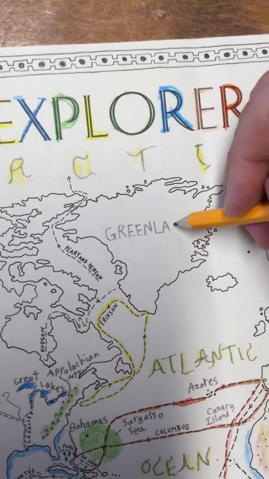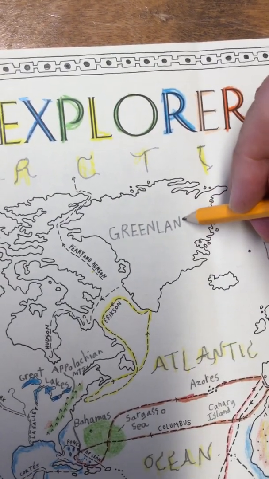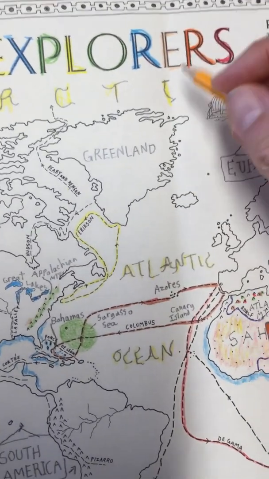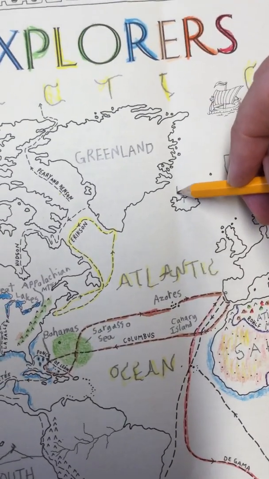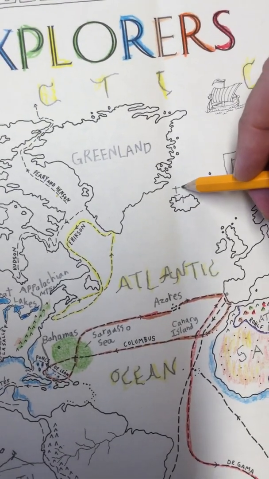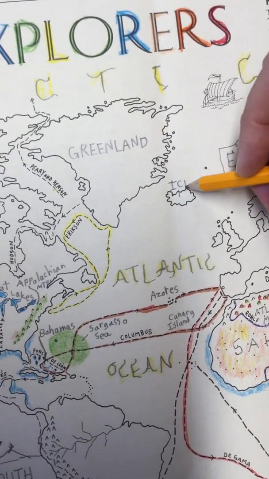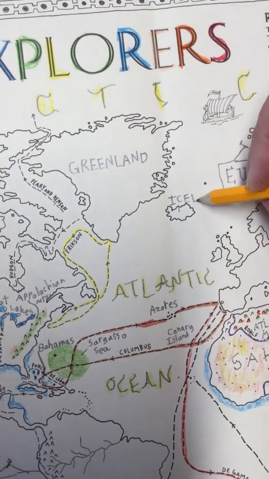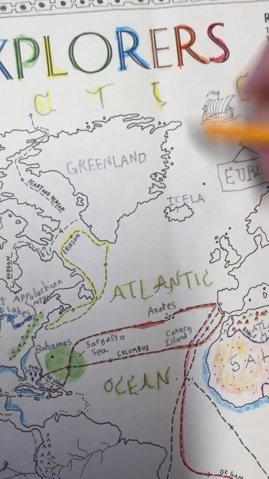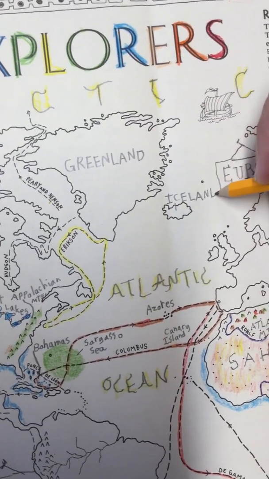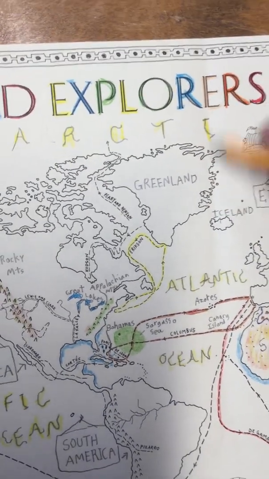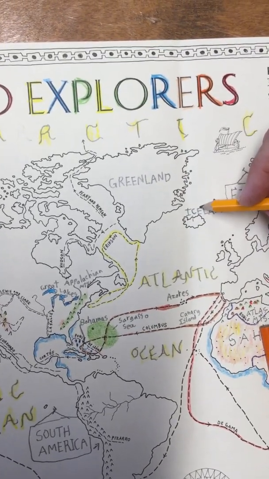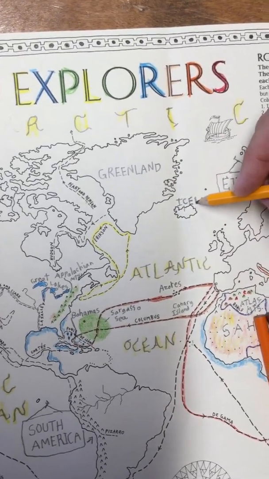Now, if you talk about Greenland, it's kind of fun to also talk about Iceland. And the funny thing is, it's ironic, but Iceland is actually greener than Greenland, and Greenland is icier than Iceland. So it's kind of a little bit of an opposite there.